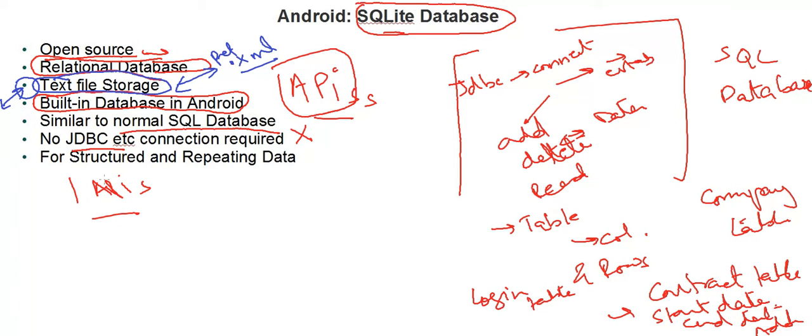And as said, it is used for structured and repeating data. For example, in different activities, if we need to get data from a certain contract table, or a certain contact table, or an employee table. For example, in the case of an employee performance management app, we might need to know when the employee is coming or when he's going, or which project he's working on, the start time of the project or end time of the project.